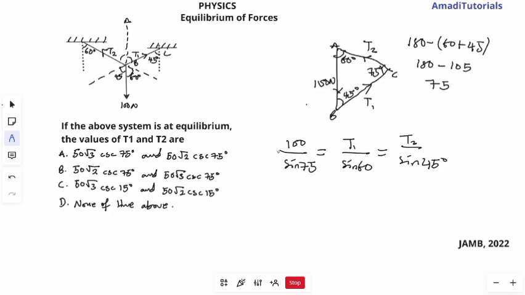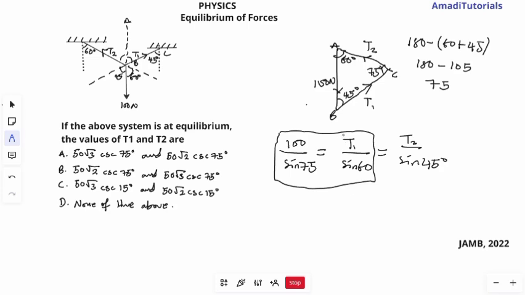That's what it states. So for us to solve for T1, we are going to pick any two of the paths that we prefer. I'll pick this path and solve, and it's going to give me T1.